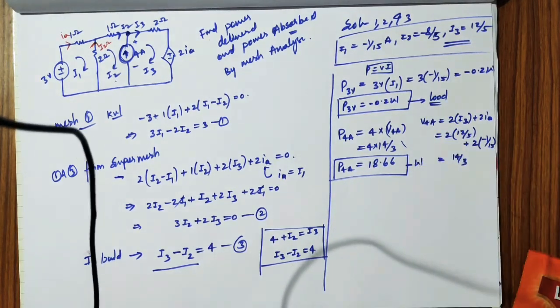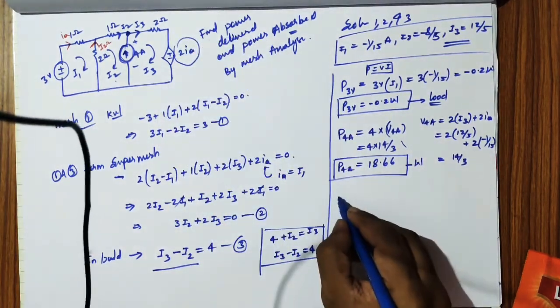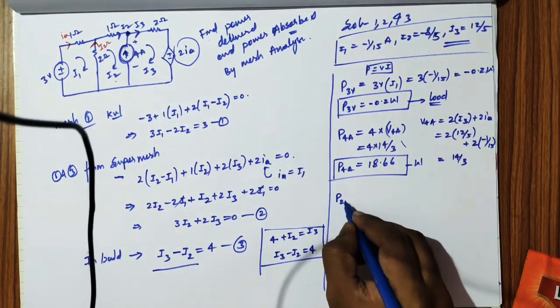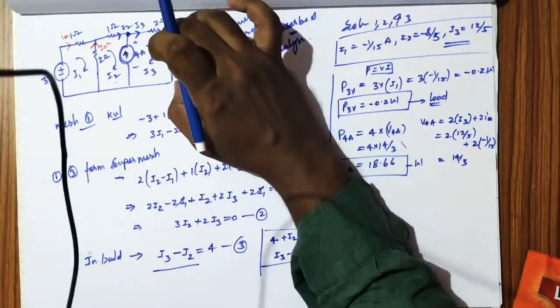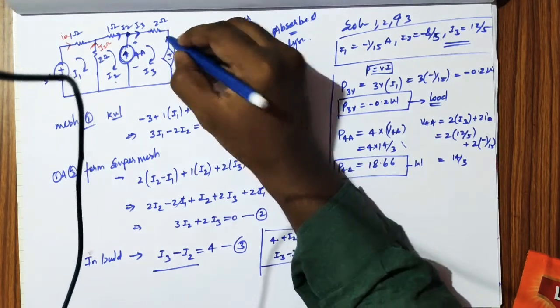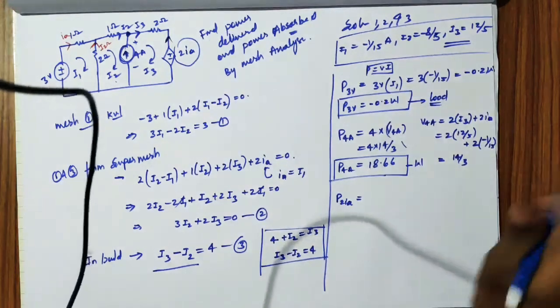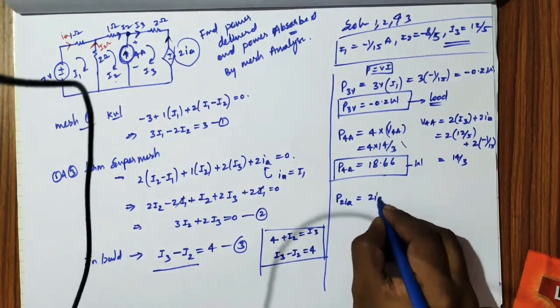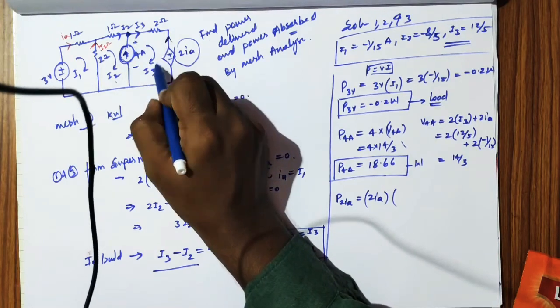Okay, now the power delivered by 2 IA. Now we are assuming that power is being delivered, so we have to assume that current is flowing in the top direction. That means for 2 IA, the value of voltage and the current, we already know that I3 is flowing like this.